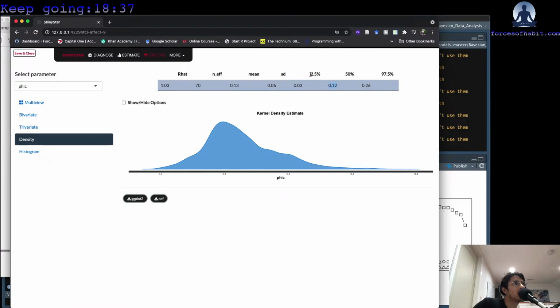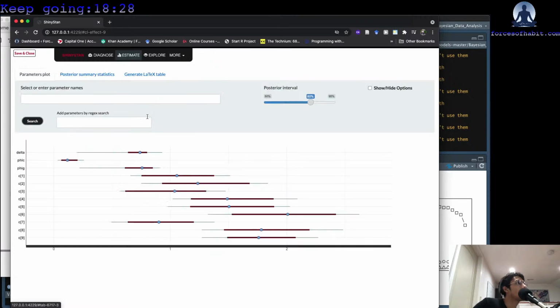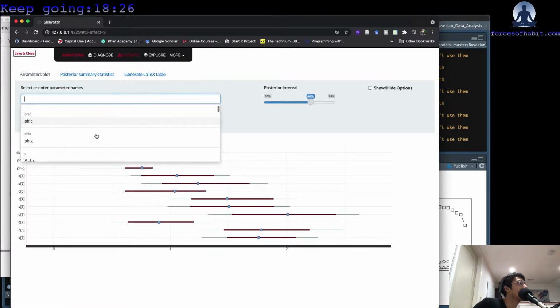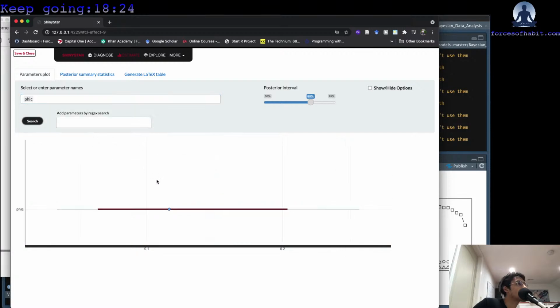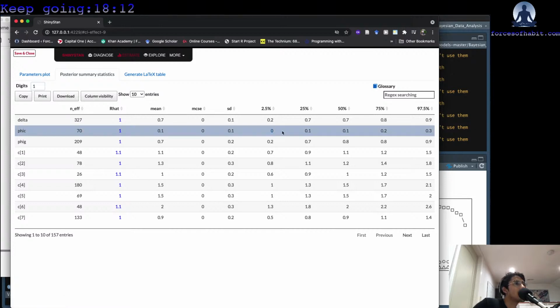Median of, mean. Mean. And then we have zeros.